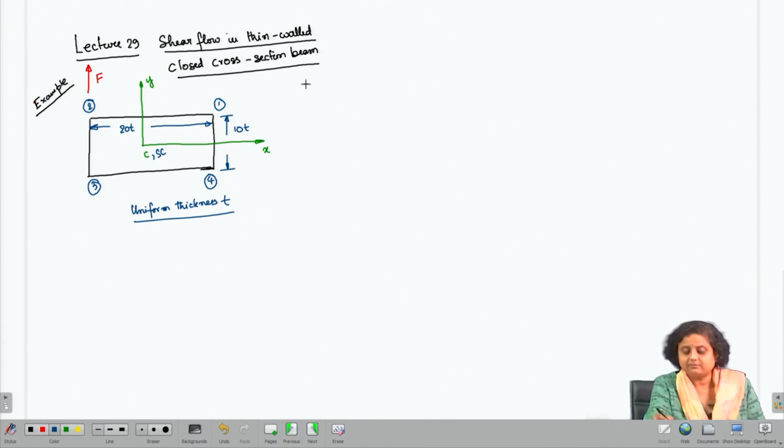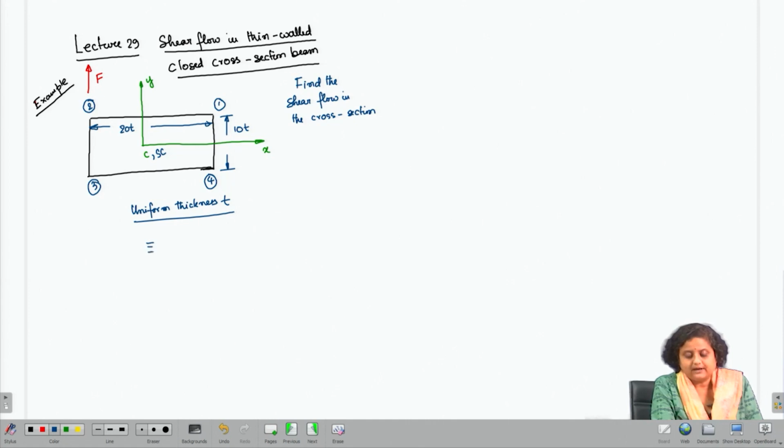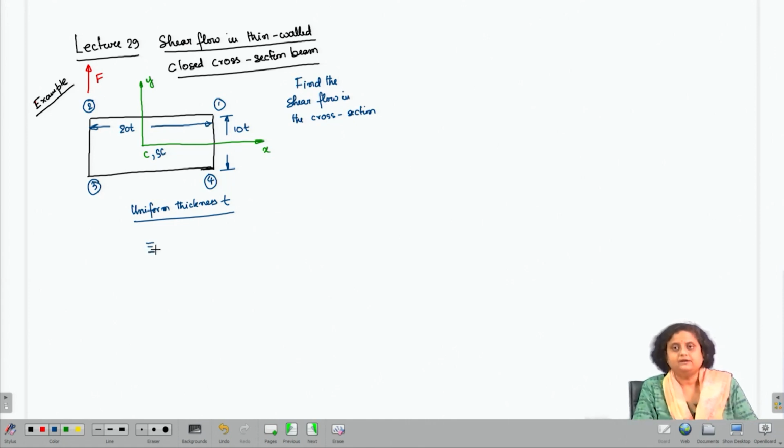and we need to find out the shear flow in the cross section. So, the problem statement says: find the shear flow in the cross section. Now, as we have discussed in the earlier lecture, we have to convert this problem into an equivalent force system problem.